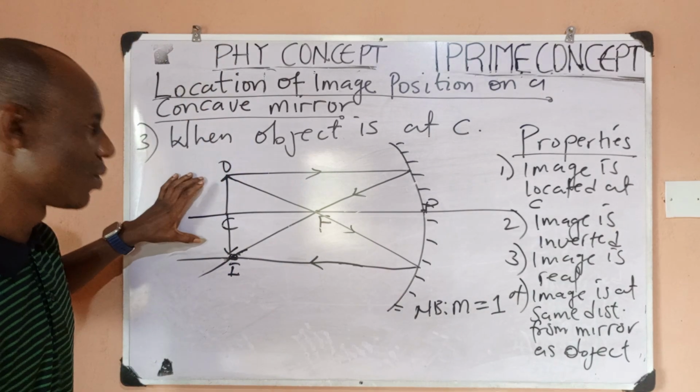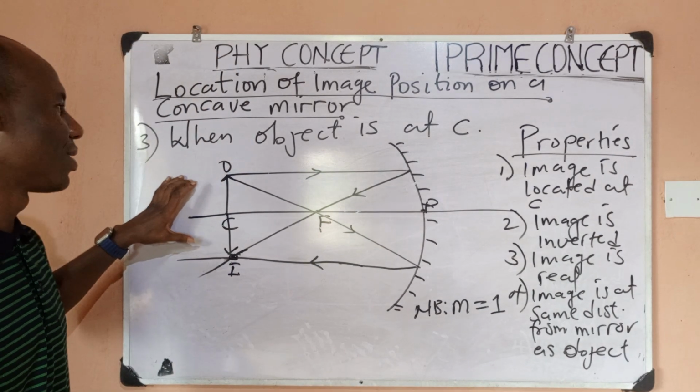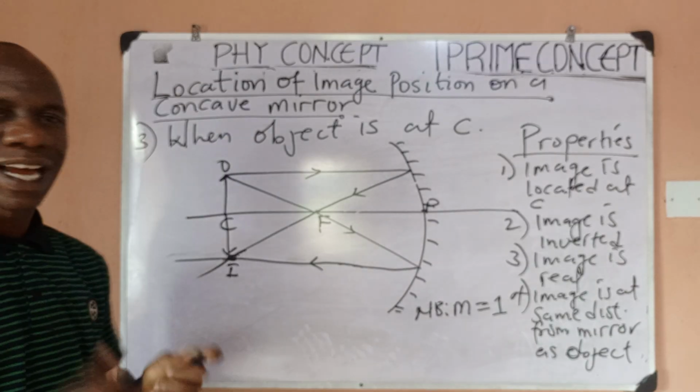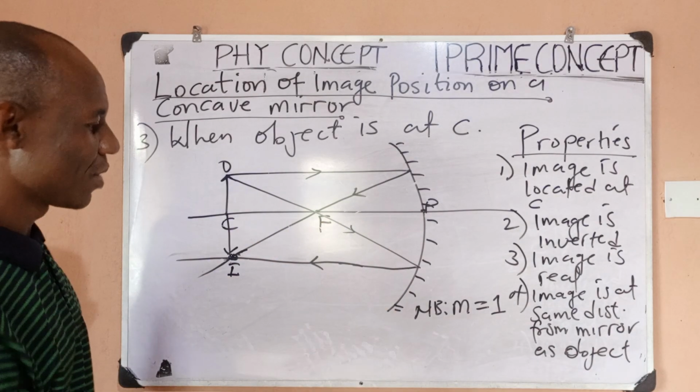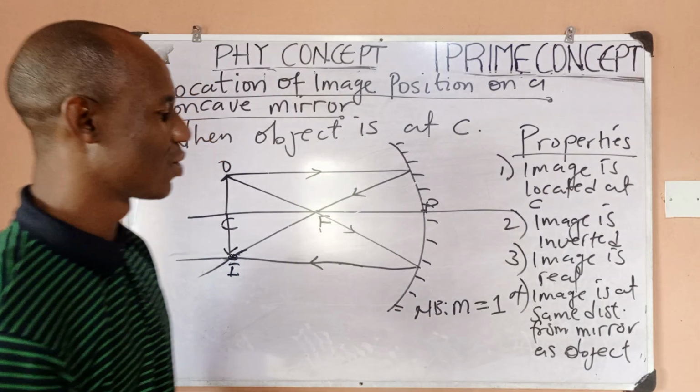So it's under this condition that you get a magnification of unity, which is very much similar to your plane mirror. So it is under this condition that your concave mirror can somewhat behave as a plane mirror. Now, we still have a fifth property we want to add.